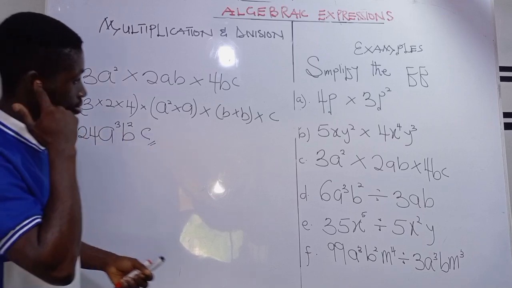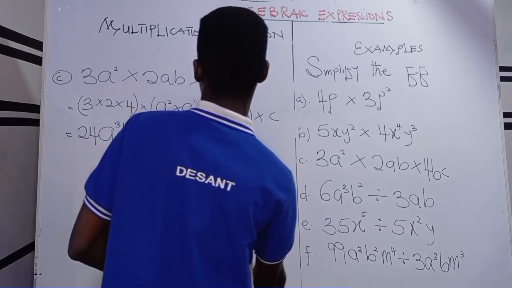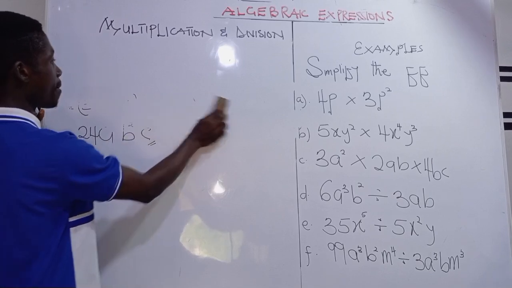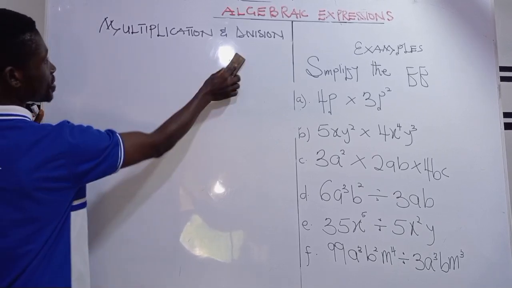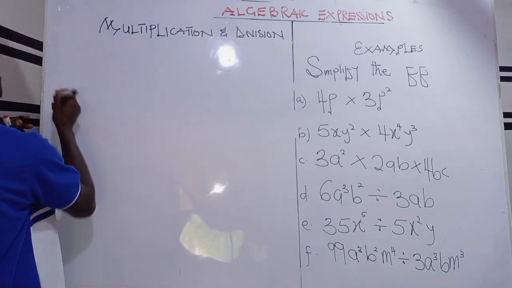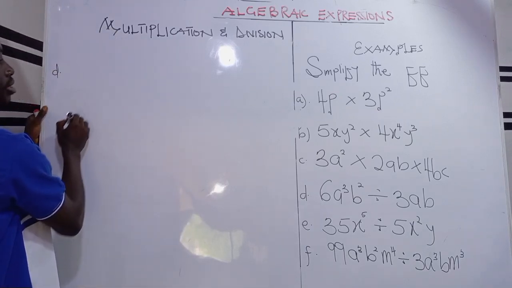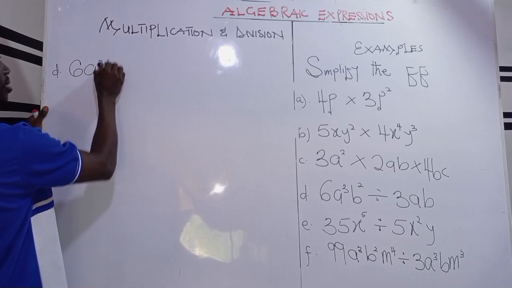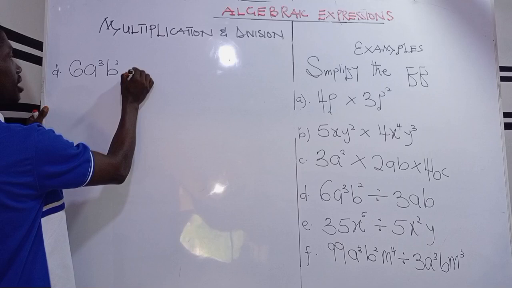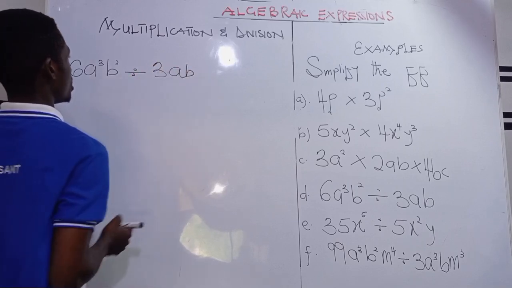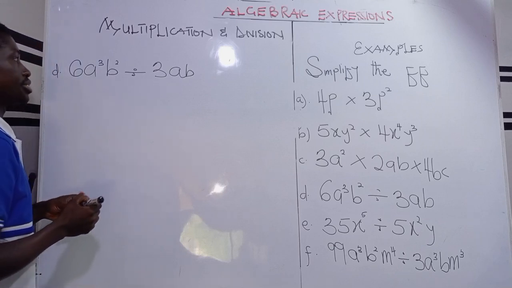Good. Now let's look at the division aspect. So we have example D. We have 6a power 3 b squared divided by 3ab. Very, very good.